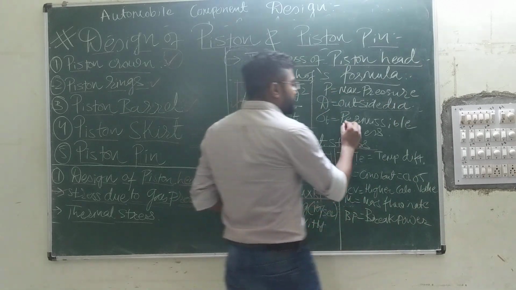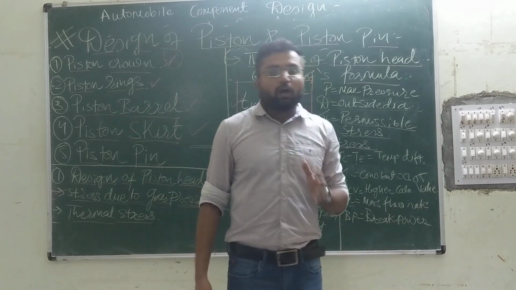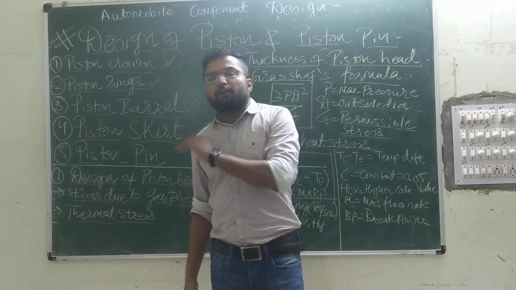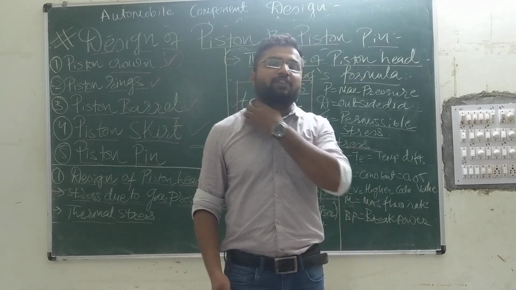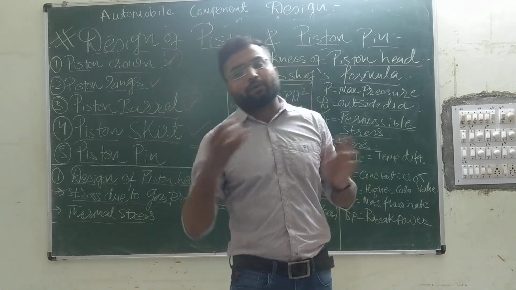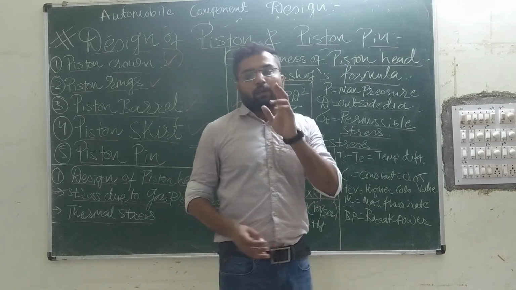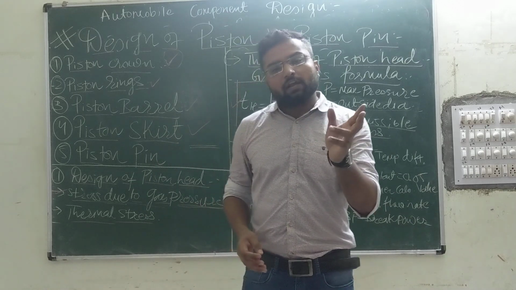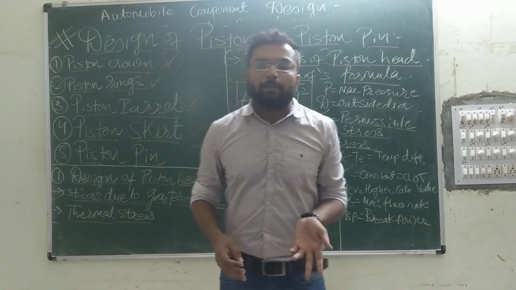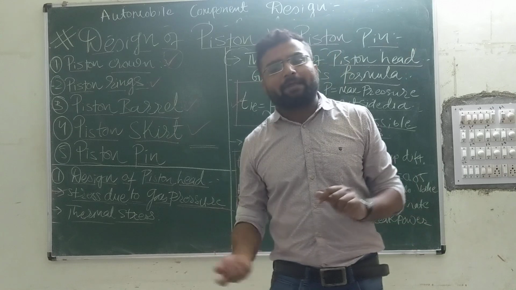Here sigma_t is the permissible tensile stress, and it will be different for different materials. If I am taking cast iron, then it will be 30 to 45, or you can say 50 megapascal. If I am considering forged steel, forged iron or aluminium alloys, then it will be 60 megapascal to 100 megapascal.